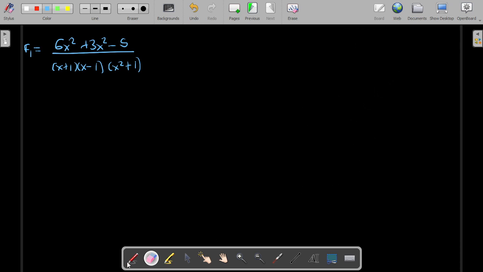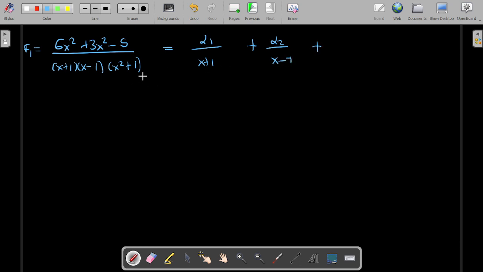Then we know that we're doing our decomposition in R. Now this is going to be equal to a certain scalar that we're going to call alpha 1, divided by x plus 1, plus another scalar alpha 2, divided by the second quantity, which is x minus 1.